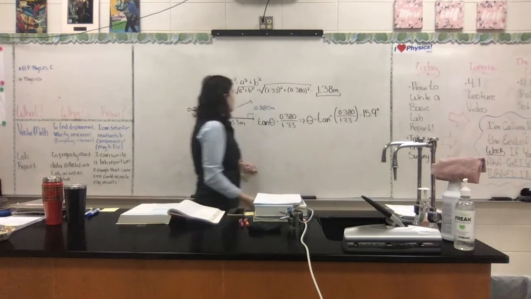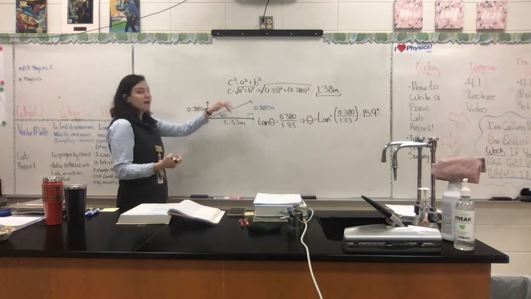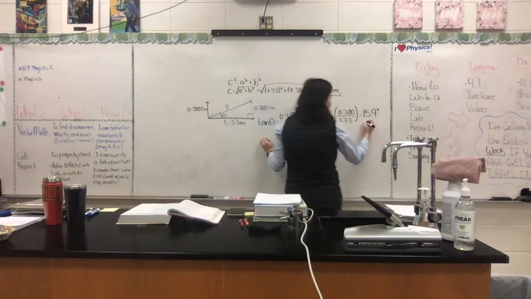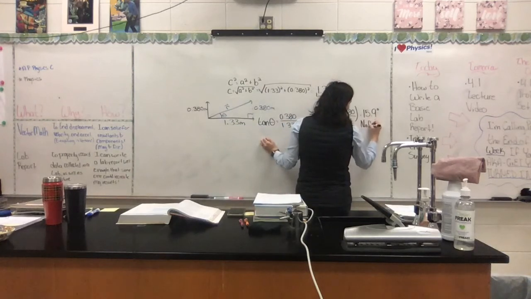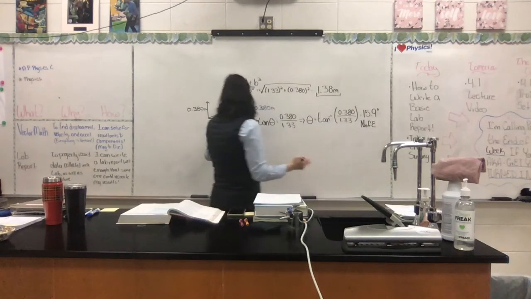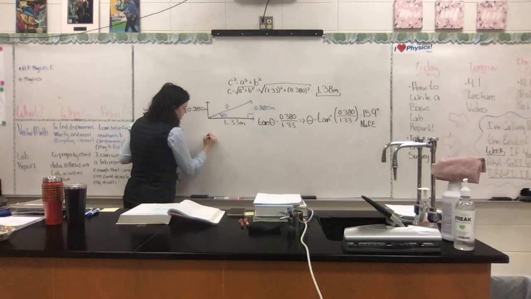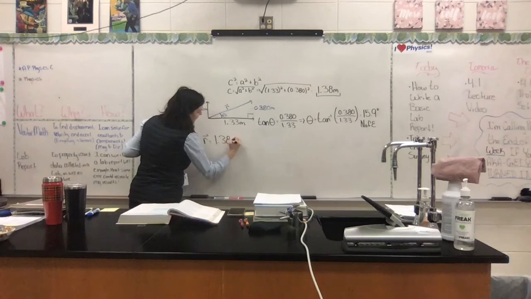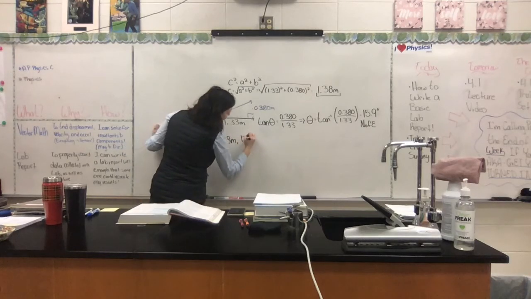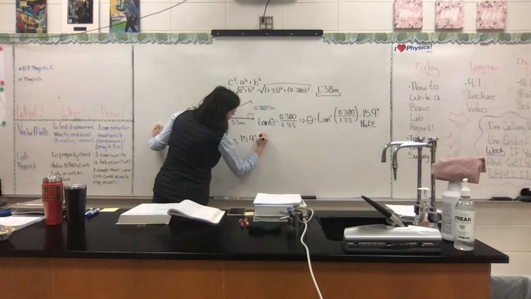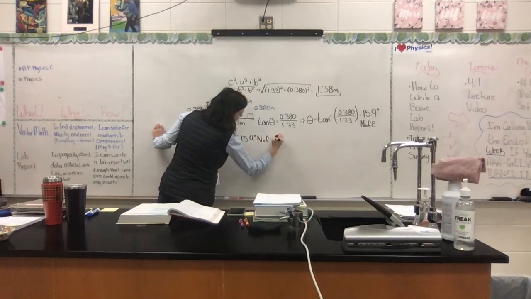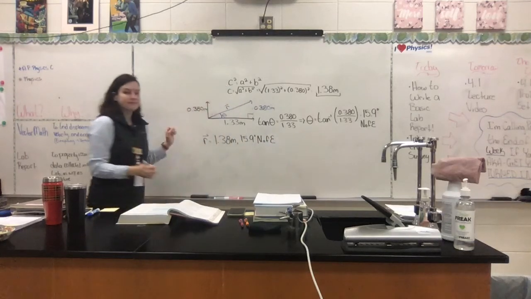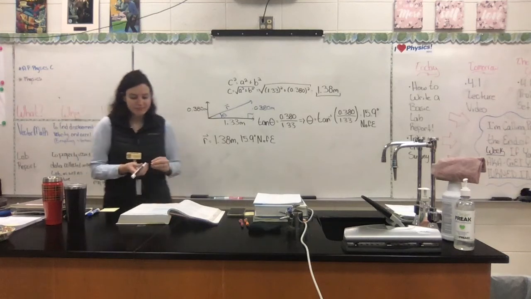And this 15.9 degrees is north of east, okay? So it's going to be 15.9 north of east. So that means that overall, our vector R is equal to 1.38 meters at 15.9 degrees north of east. All right?